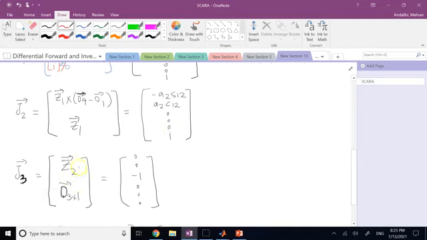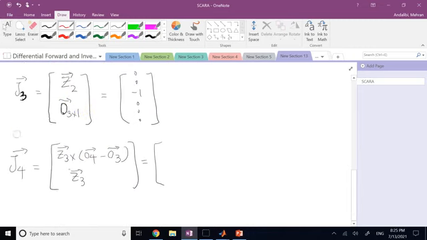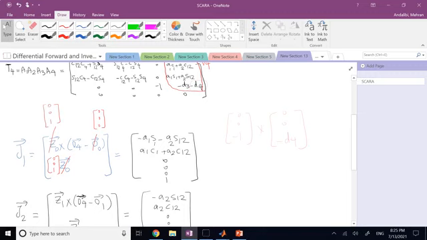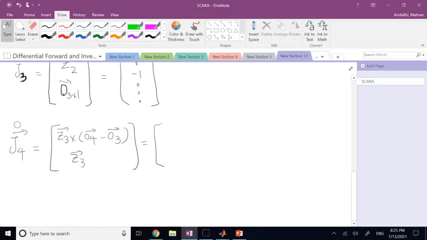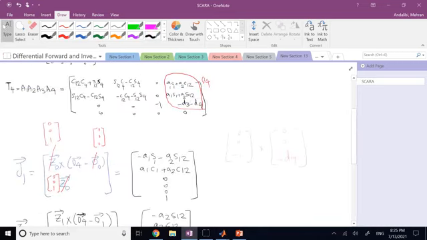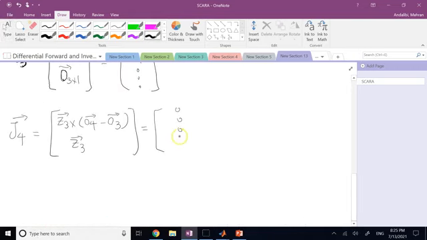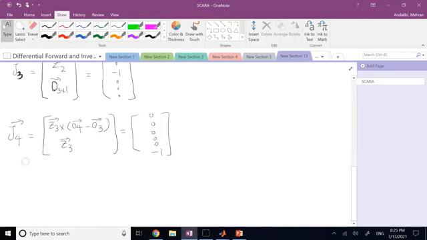Here Z2, this one was so clear. Here Z3, yes, that's this one, that's the subtraction. Again, this is going to be pure zeros, so this is going to be all zeros, and Z3 was just 2 zeros and a negative 1. So you see the fourth column is also a constant column.